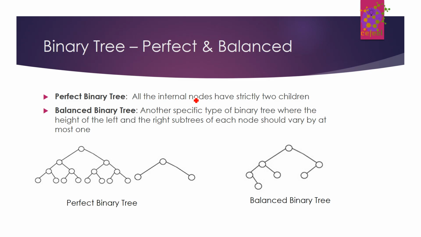So if you notice the balanced binary tree here, the left subtree has height 3, 1, 2 and 3, whereas the right subtree has height 2. So this is a balanced tree. If there was another level over here, then it wouldn't be balanced anymore.